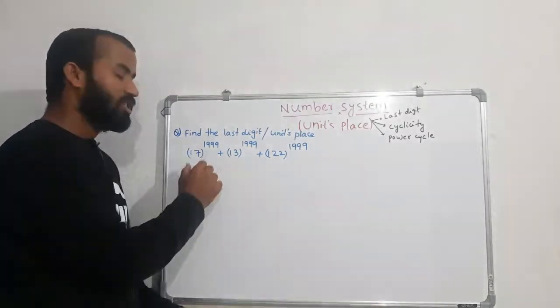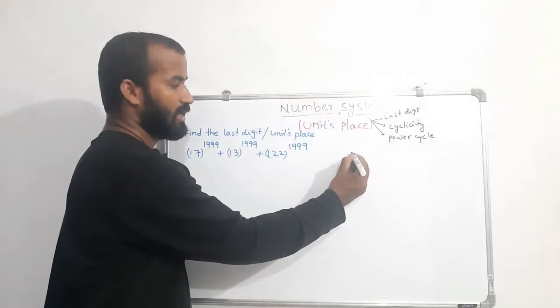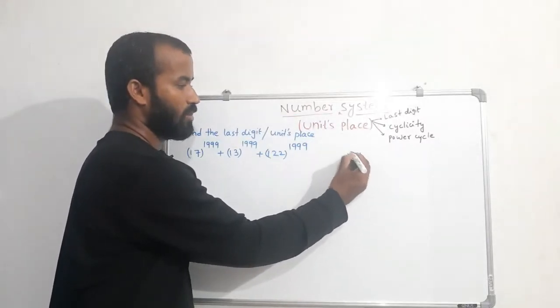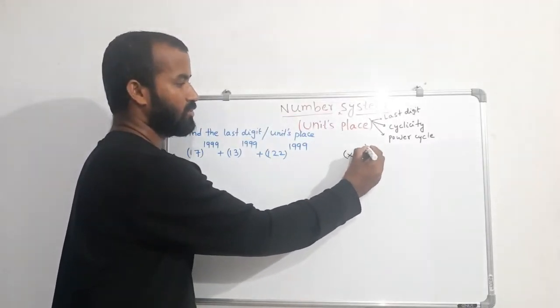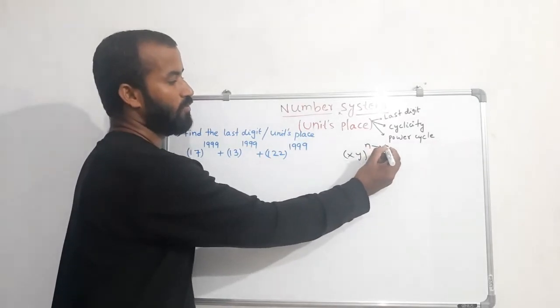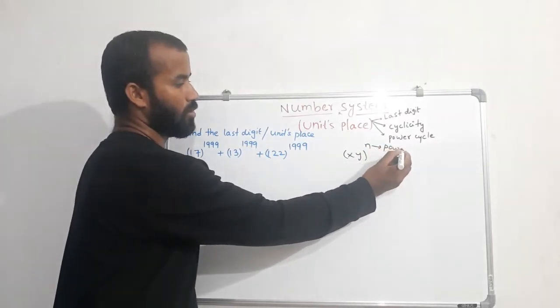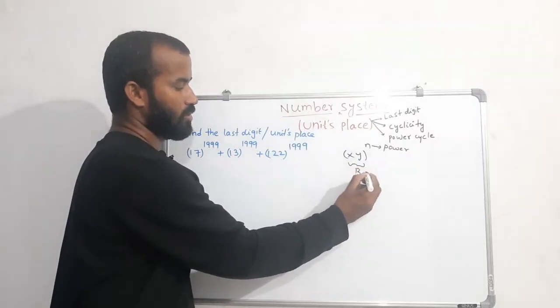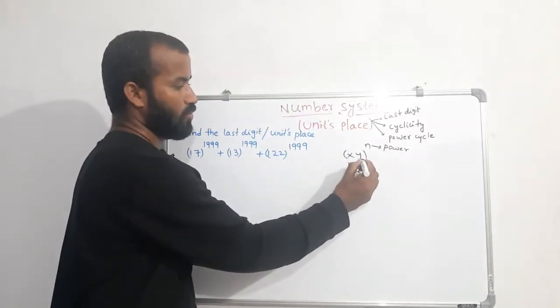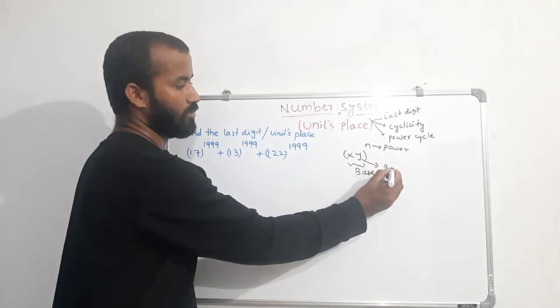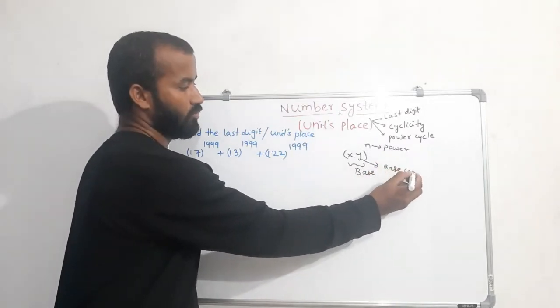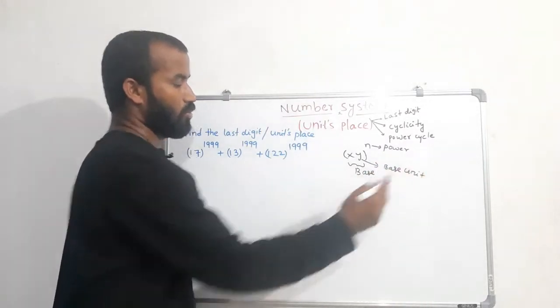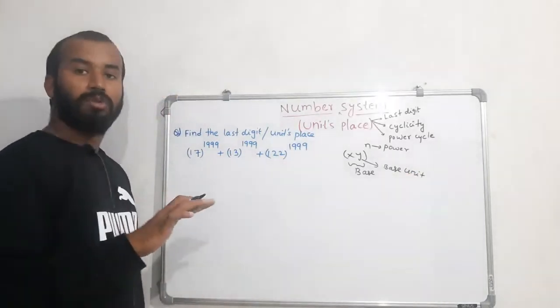Each term is looking like x, y to the power of something, some n. So n is the power here, and xy is the base. Y is called the base unit. What all base units will be possible?